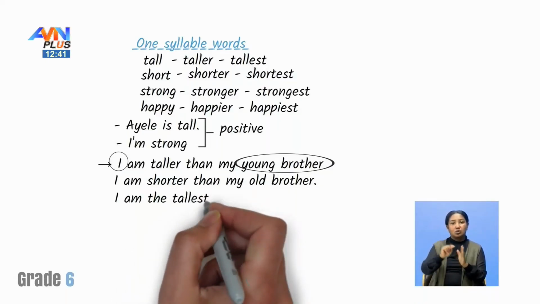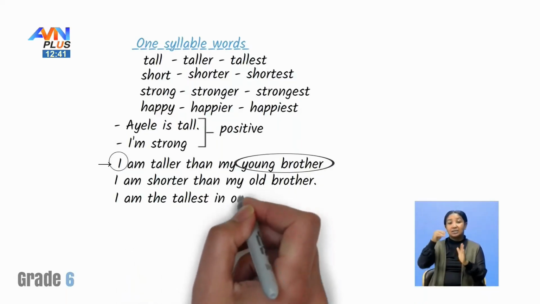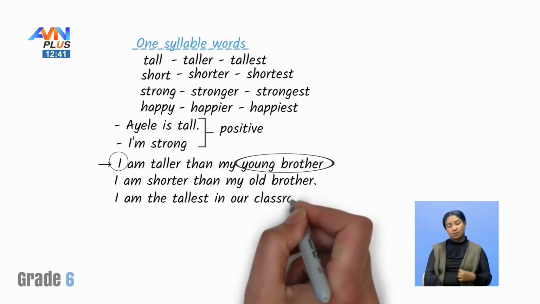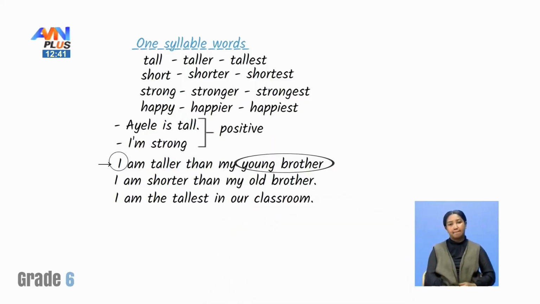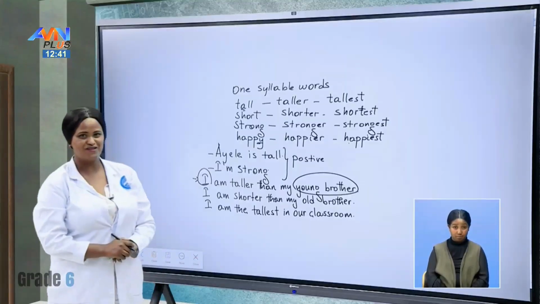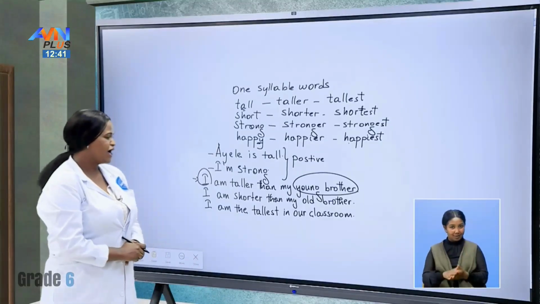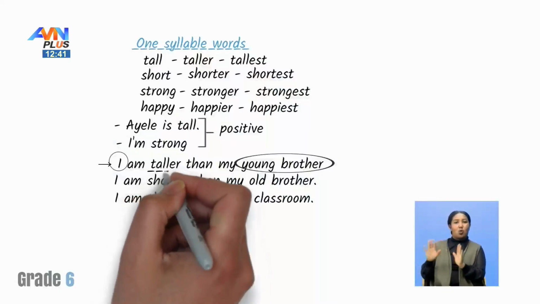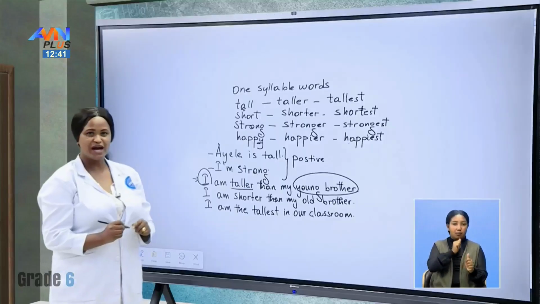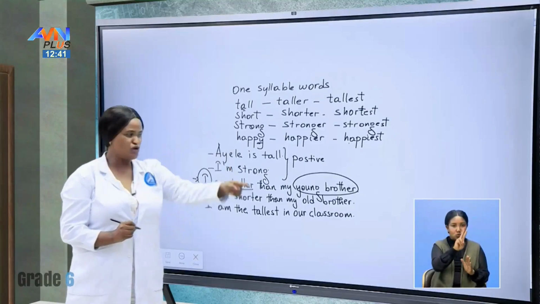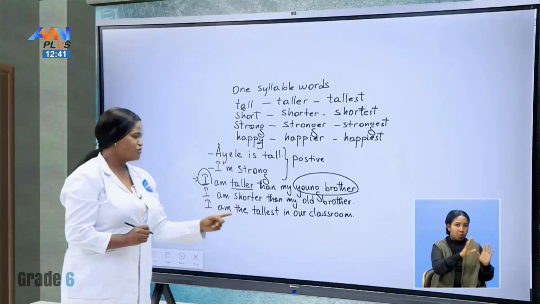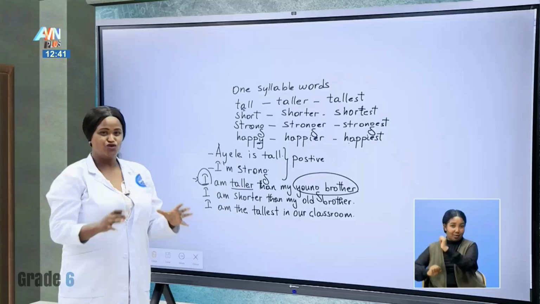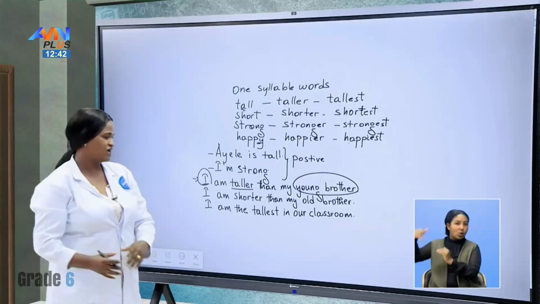I am the tallest in our classroom. Wow, how amazing it is. Yeah? I am the tallest. On the first sentence, what do you say? I am taller. Because there are how many people? You and your brother. This time, you and the whole class. You see? Two and more than two. In that case, we use what?